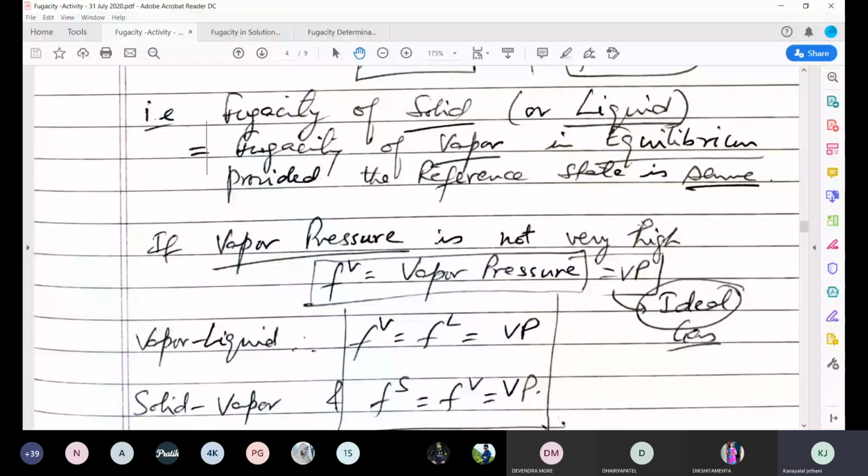Because ultimately what we measure is temperature and pressure, right? So just as we defined low pressure for gas, we will define it for solid and liquid too. You use the same reference state for both liquid fugacity as well as for vapor fugacity. You cannot have a different reference state for liquid and a different reference state for vapor. That's what it means.